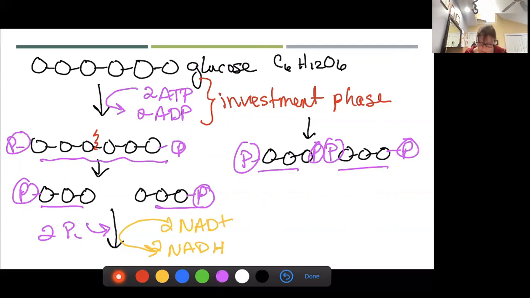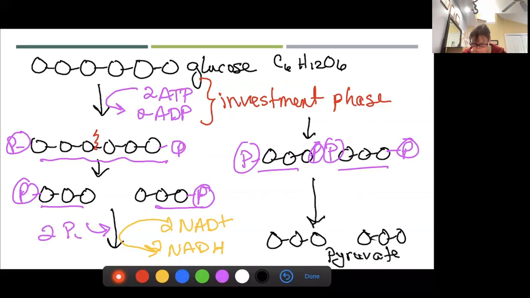And so when we finish this process, we're going to pull that off and we're going to end up with 2 molecules of pyruvate. And we're going to pull those phosphates off, and we're going to take 4 ADPs and get 4 ATPs out.